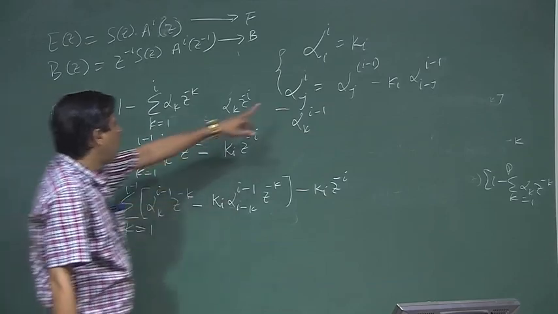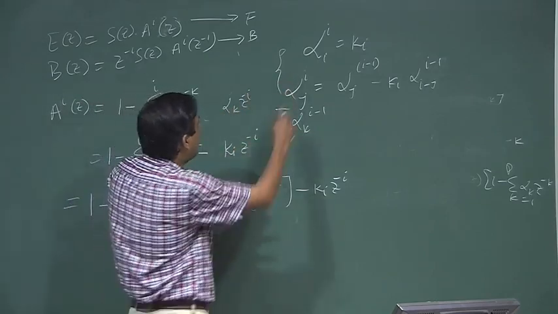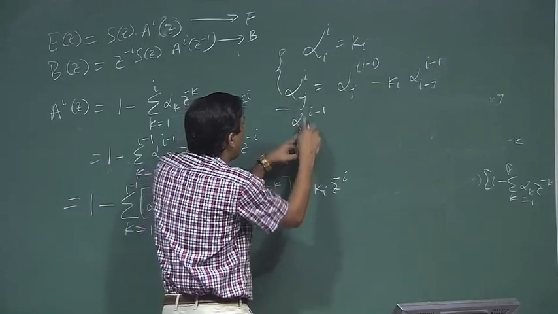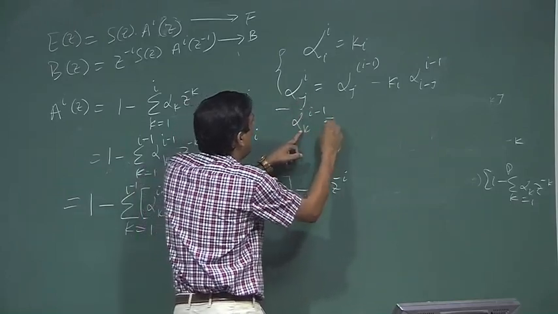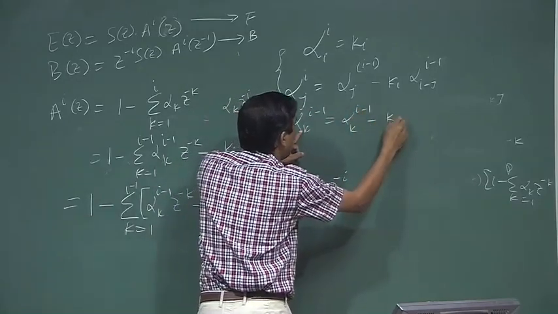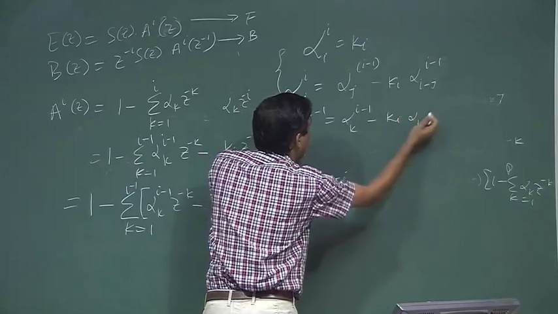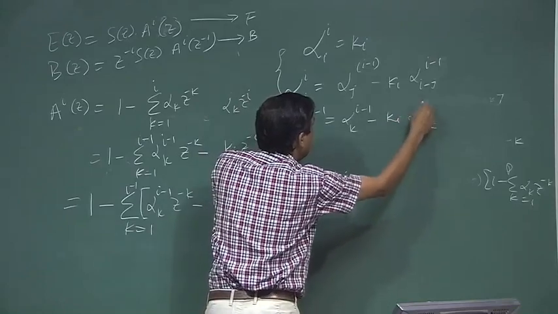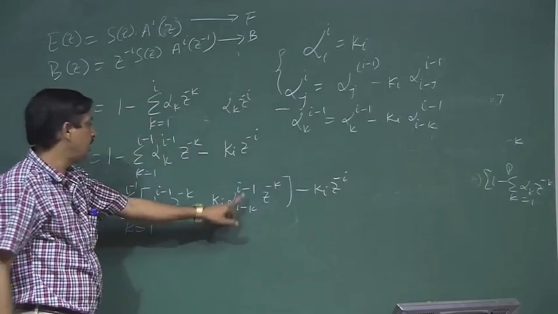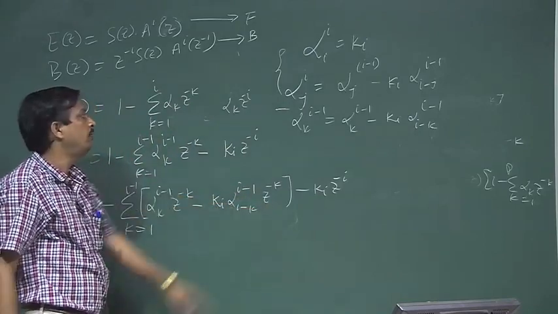Okay. So, here instead of j I put k. So, alpha k i minus 1 equals alpha k i minus 1 minus k i into alpha k i minus k i minus 1, that is why I write it, into z to the power minus k.